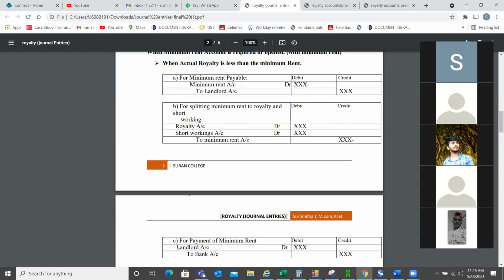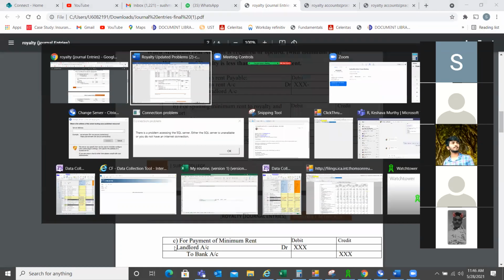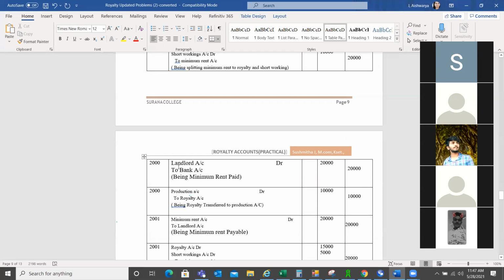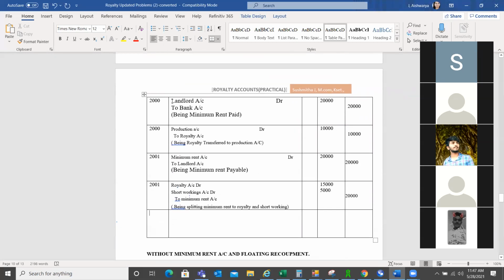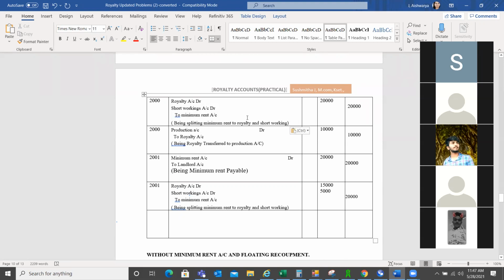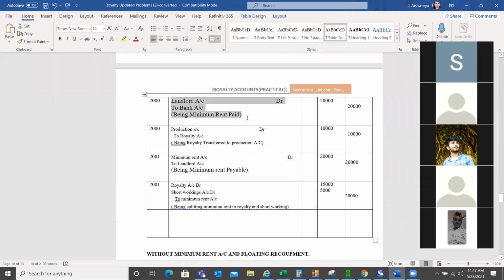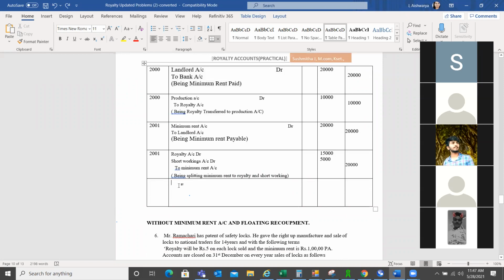Why is it so? Why we have to take this? Because we are paying a minimum rent, right, Kiran?